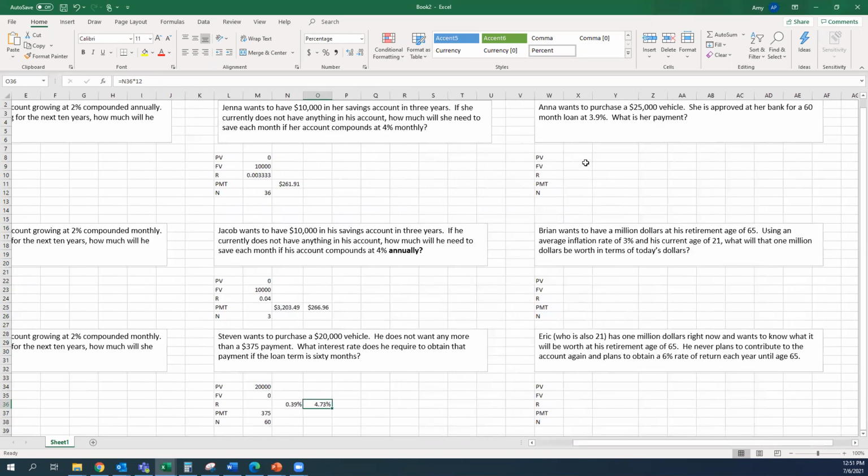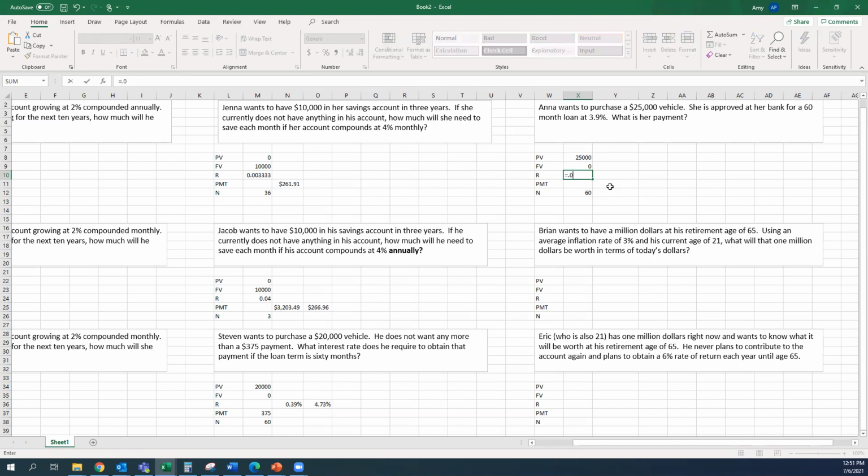So Anna wants to purchase a $25,000 vehicle. So that's our present value. Our future value is going to be 0. She's approved at her bank for a 60-month loan at 3.9%. So let's remember that if we're looking at 60 months, but a 3.9 annual, we need to change that rate to be a monthly rate.